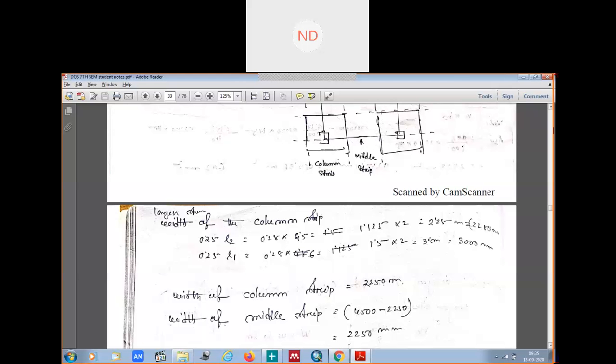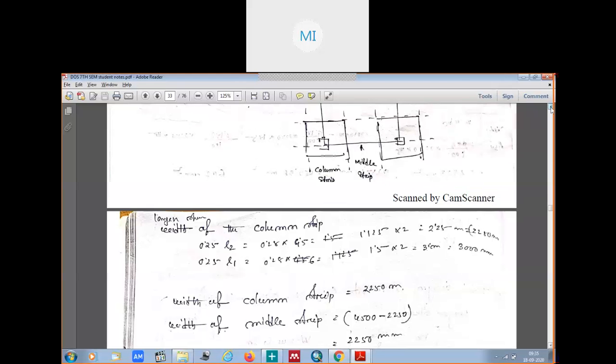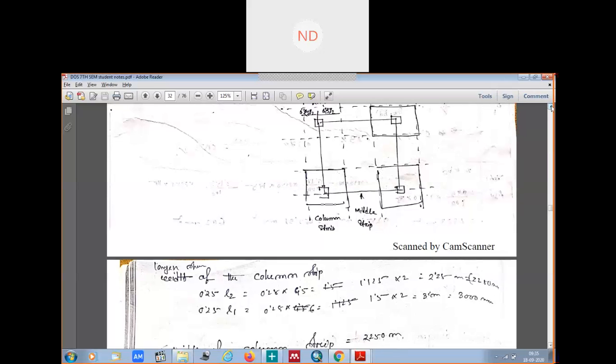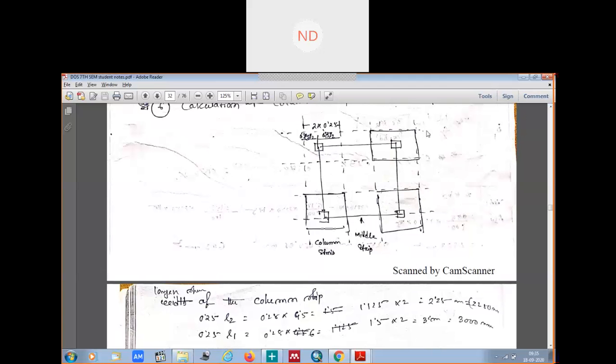This one, that means this is your middle strip. This one is your middle strip. So, what is this width, this distance? We got our width of the column strip to be how much? Width of the column strip, that means this distance.